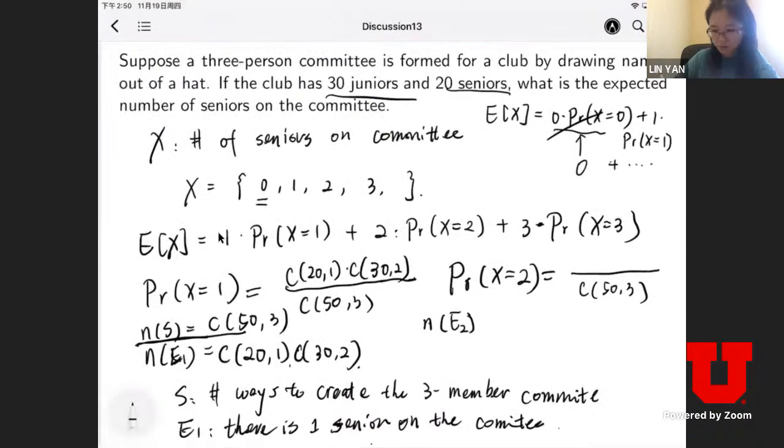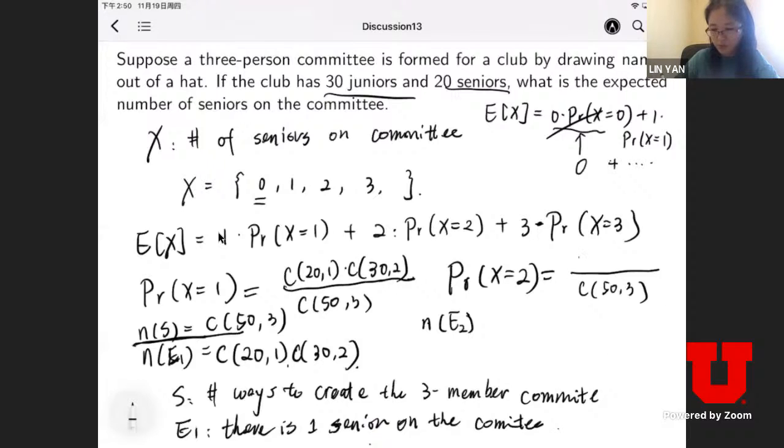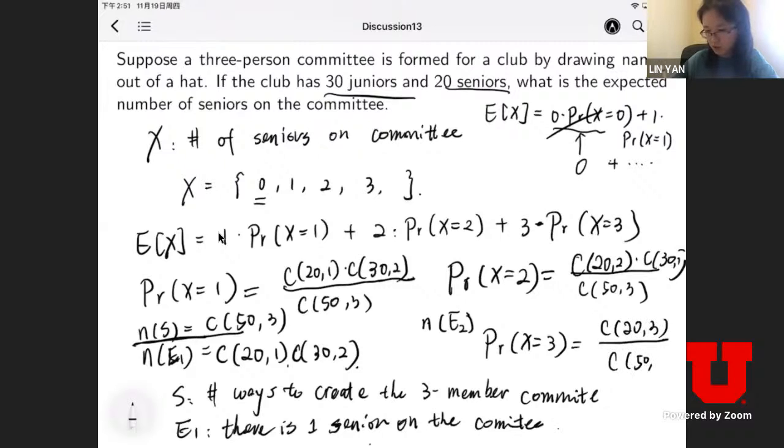Yeah, so we have NE2 is equal to 20 choose 2 times 30 choose 1. And for the probability of X equal to 3, similarly, I think it's 20 choose 3 or 40 choose 3.